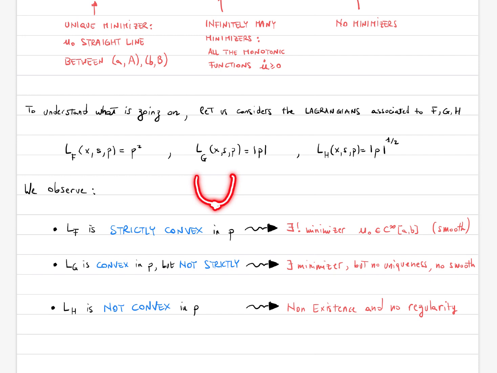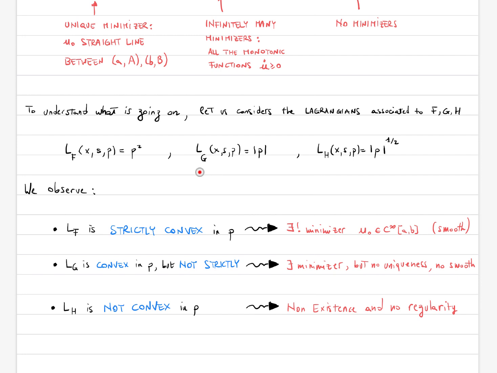It means that every tangent line is below the graph of the function p squared at that point. So in case the Lagrangian is strictly convex, there exists a unique minimizer, and this minimizer is also smooth, because we actually proved that in this case it's a line. So in particular it is C infinity.